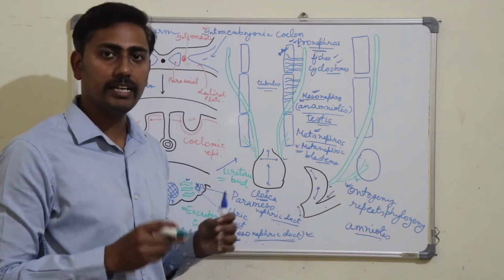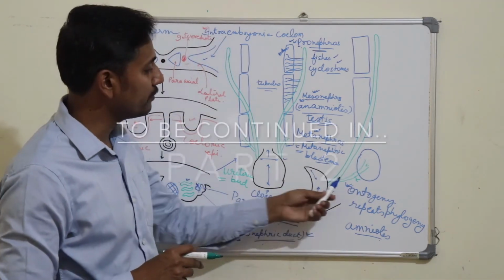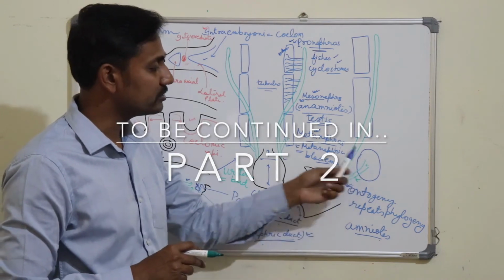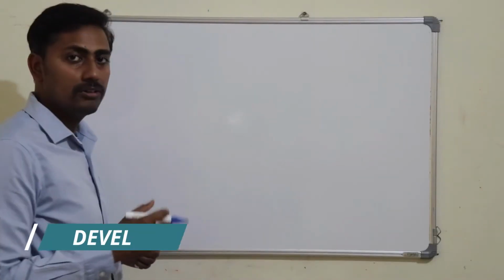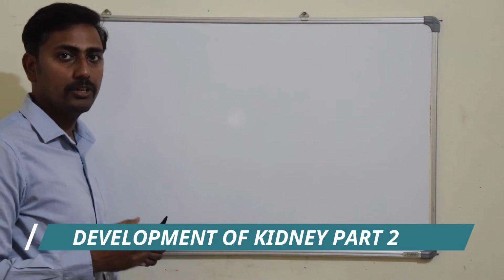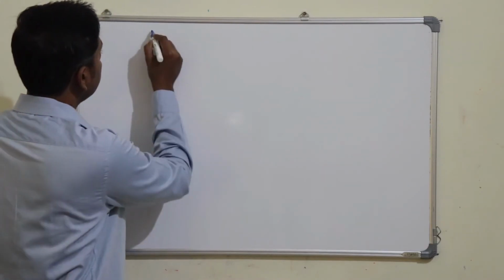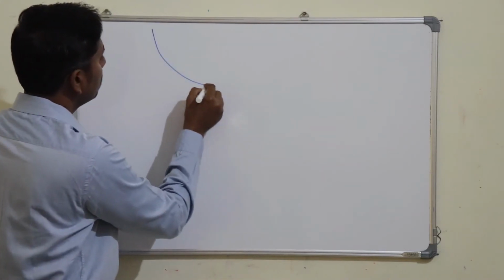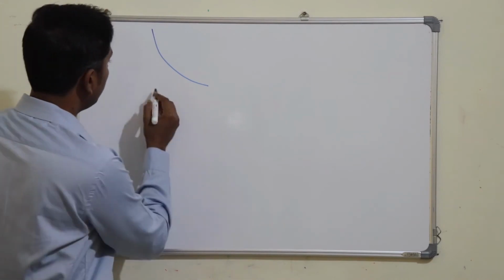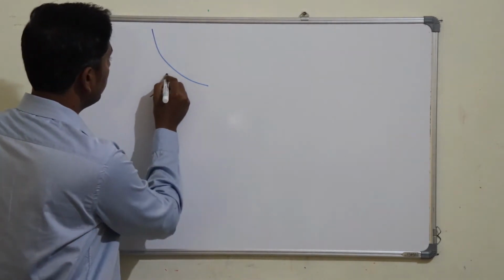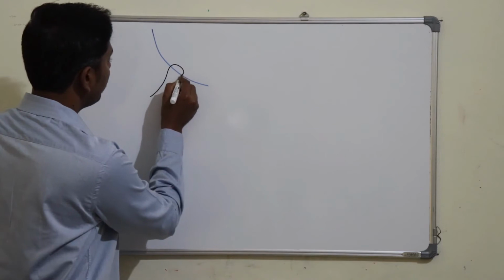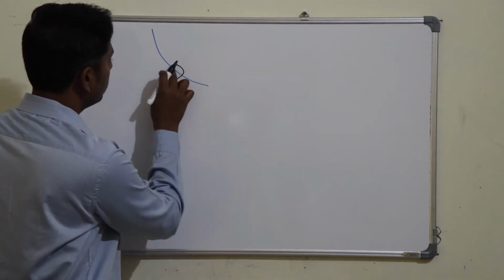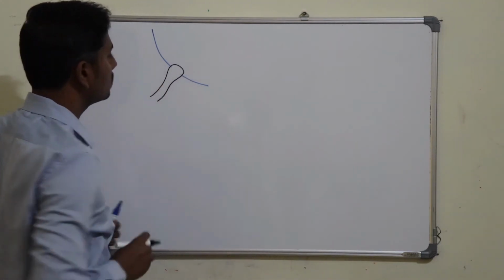Now let us see in another diagram what is the fate of this ureteric bud and the metanephros. Now let us draw the metanephros and the growing ureteric bud. This is the metanephros. This is the growing ureteric bud which is growing cranially into the metanephric blastema or the metanephros.